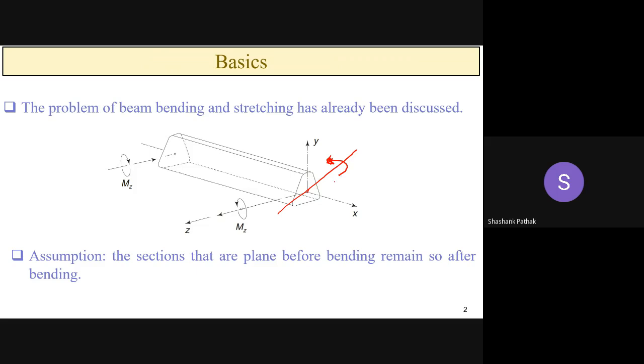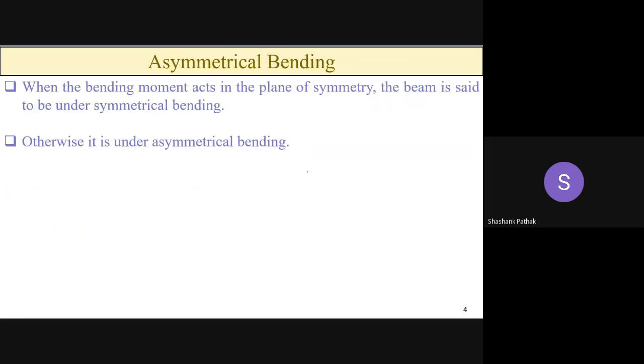So this becomes asymmetrical bending. This will lead to some kind of twisting. If this were an offline class, I could have shown some example, but in an online class it is a little difficult to show. But I hope you are understanding this: I have taken this axis and I'm applying the bending moment along this axis. Then it becomes a case of unsymmetrical bending.